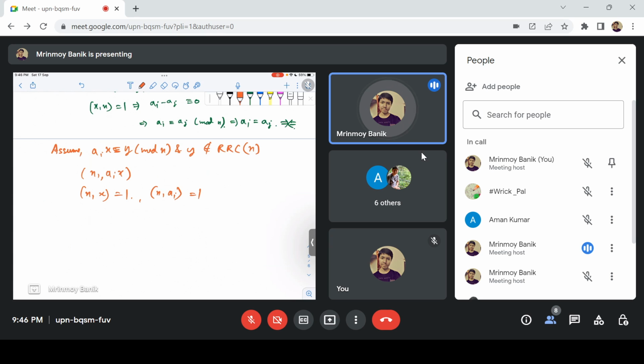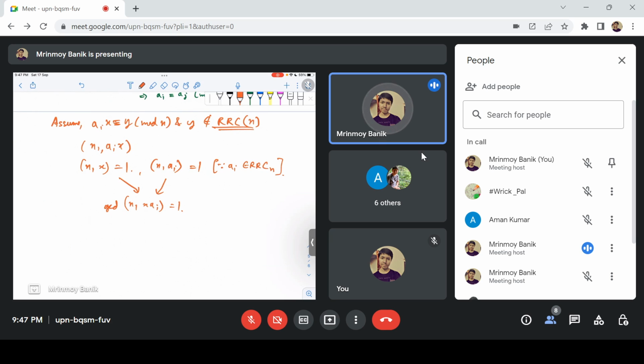It's 1 also, by the definition of RRC, since a_i is in RRC of n. So these two imply the GCD of n and x a_i is forced to be 1. So those two also have GCD of 1, and that implies x times a_i is forced to be inside RRC n.